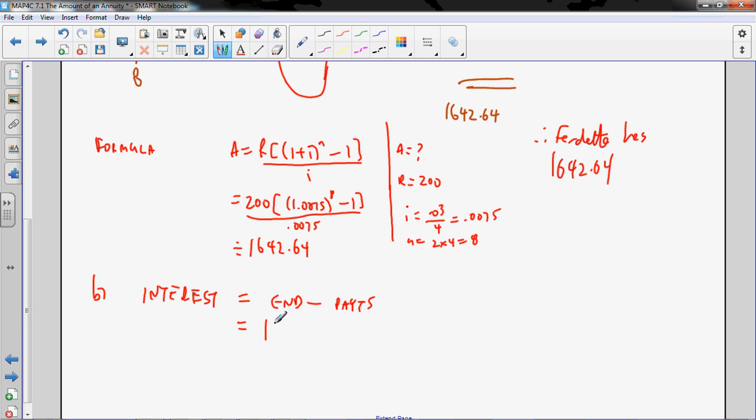So we got 1642.64, but we had 8 payments of $200. You fire that into a calculator, and you can see that she made a whopping $42.64. Not he, she, earned $42.64 interest.